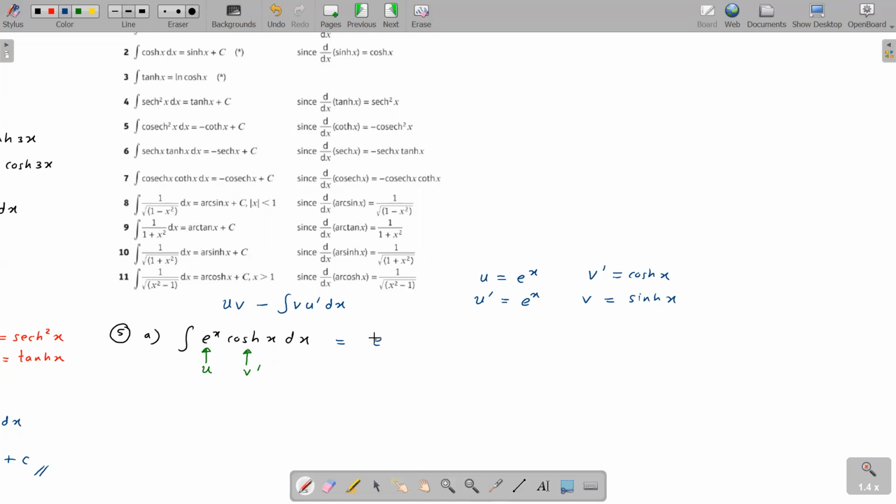So ex is u, v is sin x, uv minus integration v u dash, which is ex. Are you with me? Okay, so then this is the integration of ex cos x, right? Equals, here I get ex sin x.